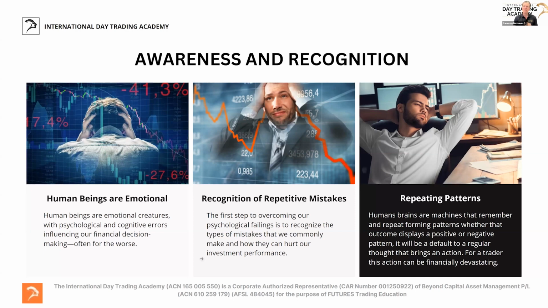So if you've started out trading and you haven't had a trading plan, and then you've slowly built up a trading plan, but then you don't fully stick to that trading plan, and you bend the rules sometimes, and you follow it sometimes, but you bend the rules and you get rewarded for that, well, that's actually teaching you that it's okay to break your trading plan. So that is an unconscious learning that you've developed there.